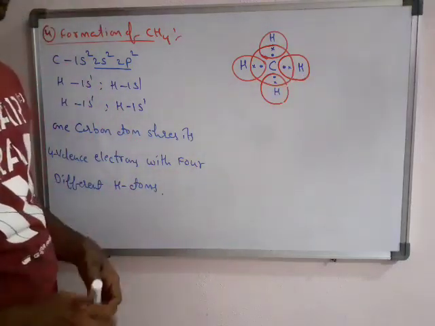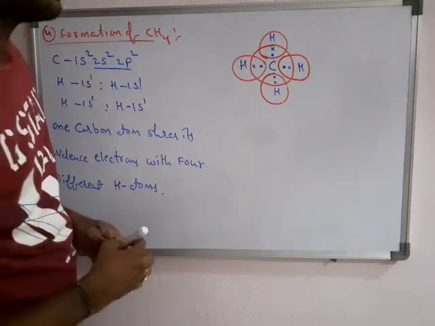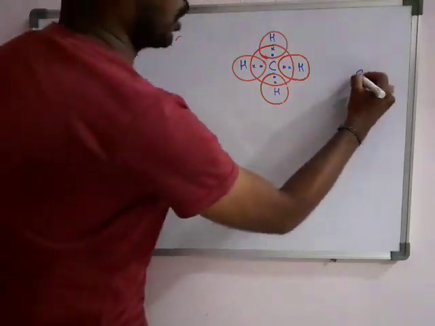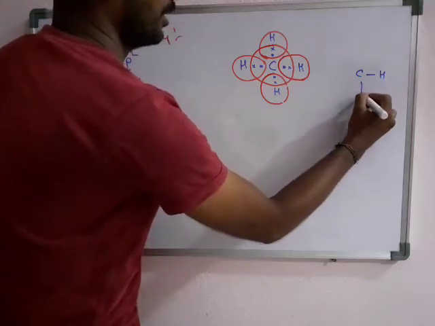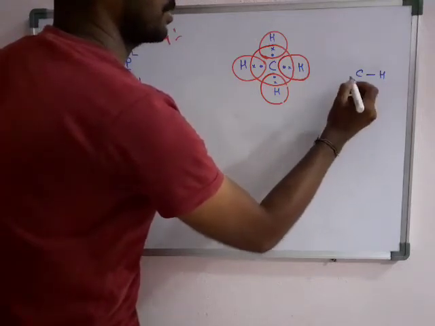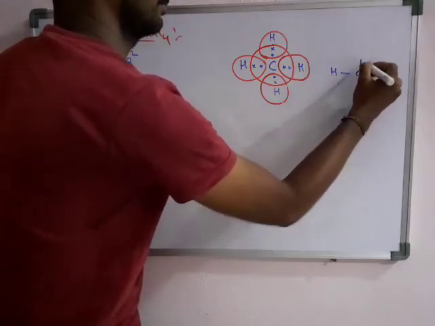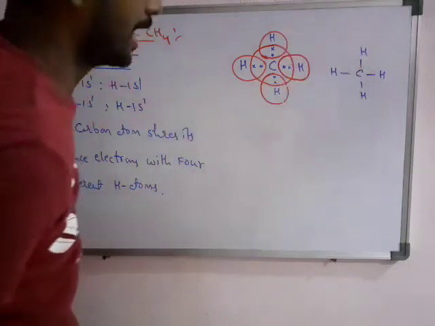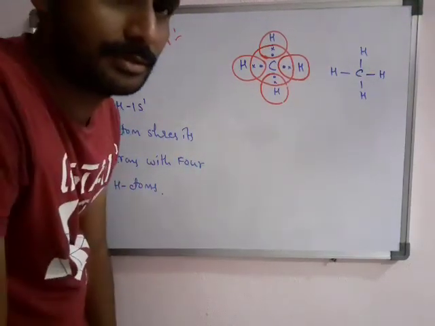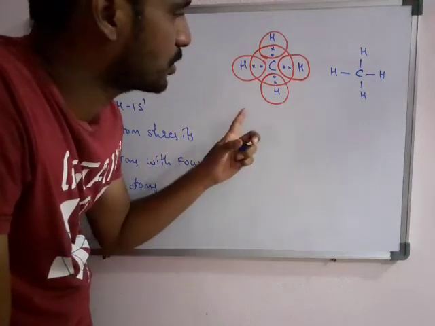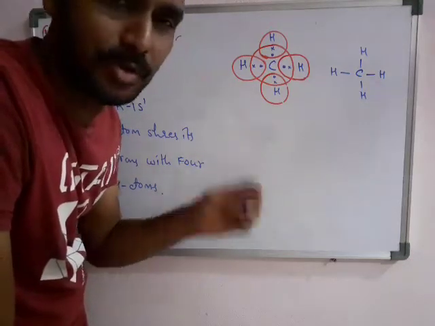Now the carbon is also satisfied with how many electrons? 8 electrons in its valence shell. So 4 bonds are formed by carbon with different hydrogen atoms, and carbon gets neon configuration, hydrogens get helium configuration.